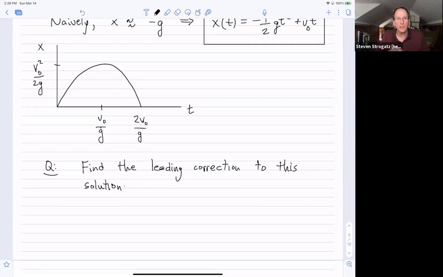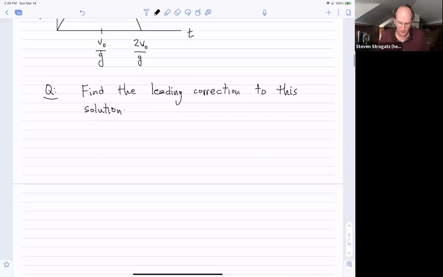Okay, so let us scale the problem to clean up the algebra a little bit. This is always a good move in a question like this. It's best to work with dimensionless quantities if you can. So when I say scale, what I mean is I'm going to think of the characteristic scales for both x and time.